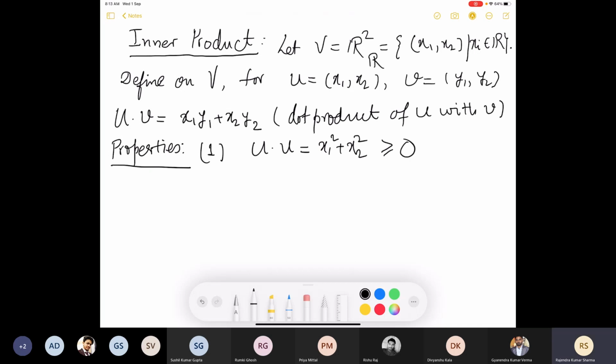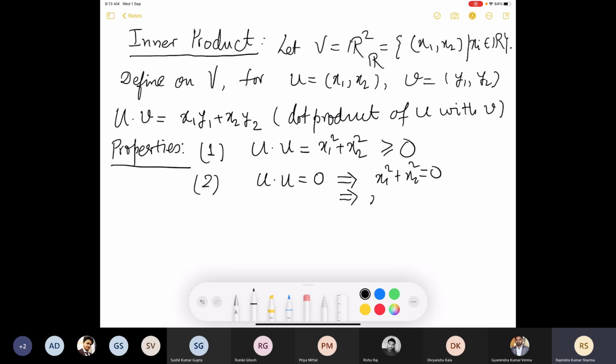Second thing you can also check with this is, when is it 0? So u dot u is 0. That happens if x1 square plus x2 square is 0, and since this is the sum of two non-negative real numbers, therefore this to be 0 means each of them has to be 0.